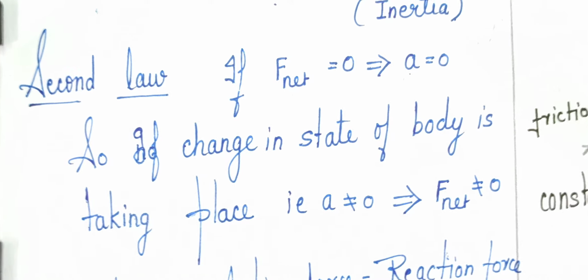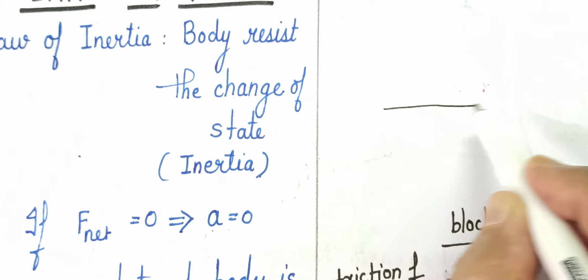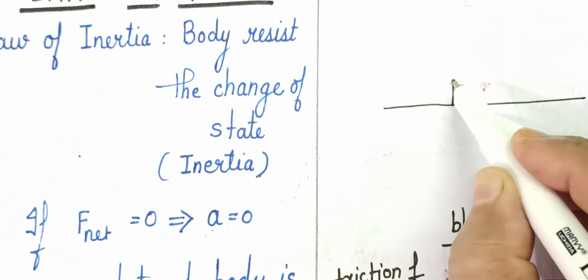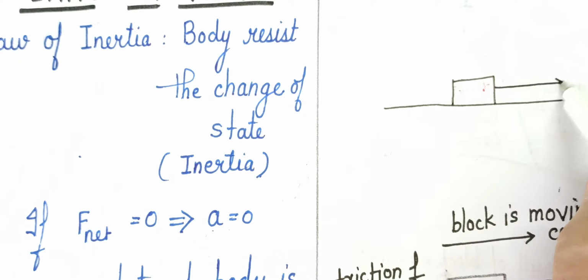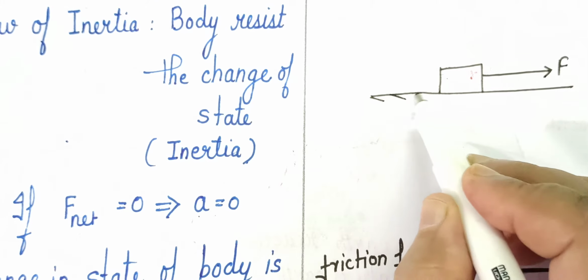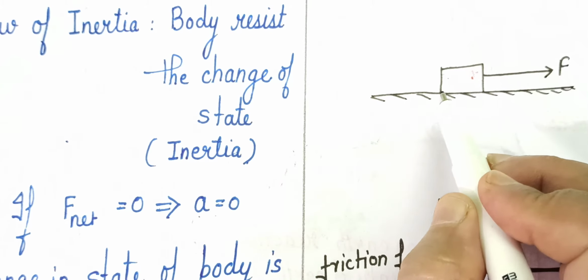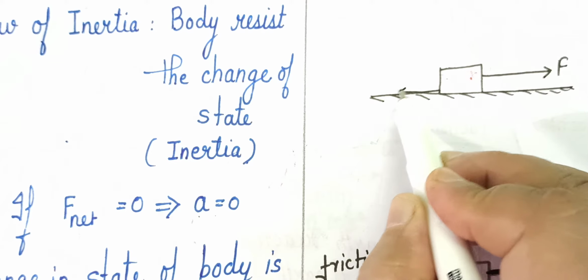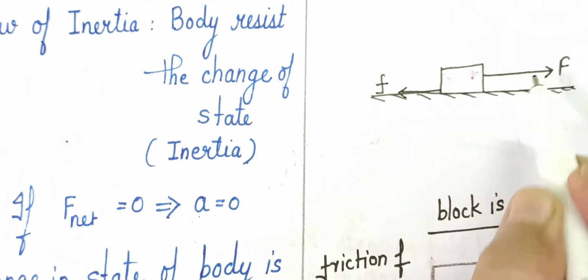But before I switch to the pseudo force, let me take one example of the second law. If an object, a block, is pulled by force F towards the right direction, right? And this surface is rough enough, so this surface will exert a frictional force opposite to the direction of motion.